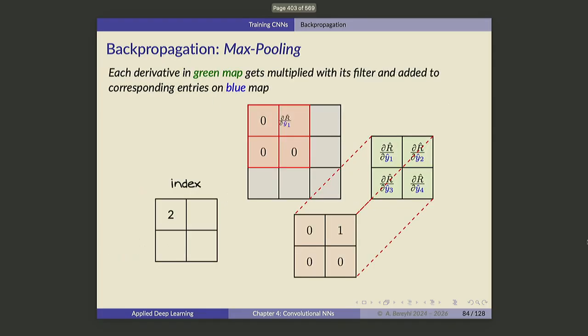Now, this is a bit less intuitive here, but we're going to see a more intuitive version when we think about the mean pooling. But if you look at this one, you can think of it in this form: you start here with the gradient map being completely 0. So you have the complete 0 map, and you want to fill it out with the gradient of r hat with respect to y. How can you do it? Here in the index, you know that when you were doing the forward pass, you picked index 2.